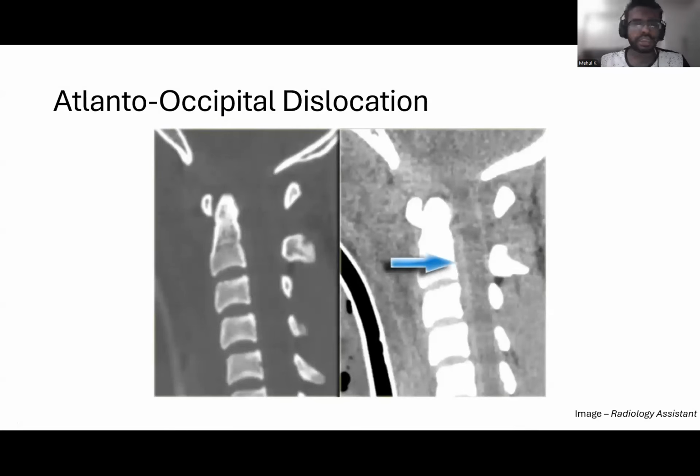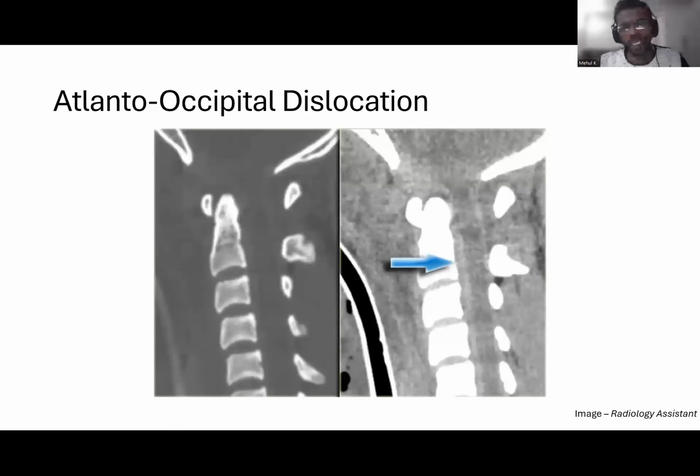So again, atlanto-occipital dislocation. What are some clues here? Again, I told you earlier, the distance from your anterior arch of C1 to your opisthion in the left side image is less than the distance from your dens to the posterior part of C1. That is never abnormal. This is atlanto-occipital dislocation.